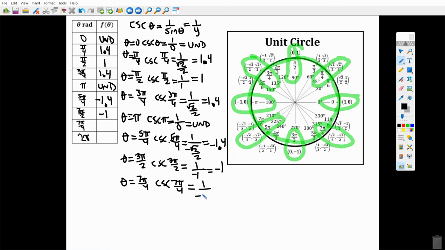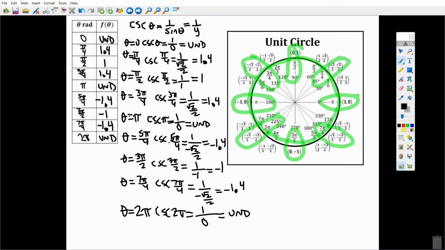That's negative radical 2 over 2, which is negative 1.4 again. Okay, and then lastly, theta equals 2 pi, cosecant of 2 pi equals 1 divided by, and at 2 pi, the y value is 0, so this is back to undefined.